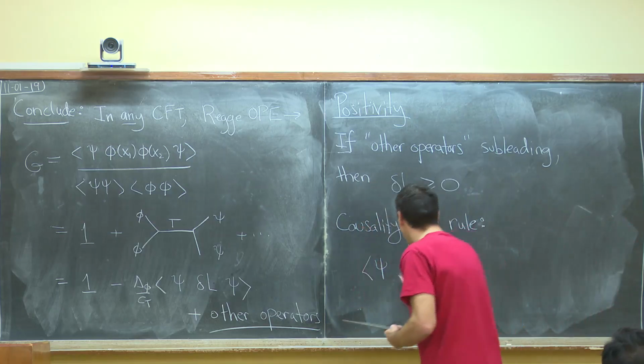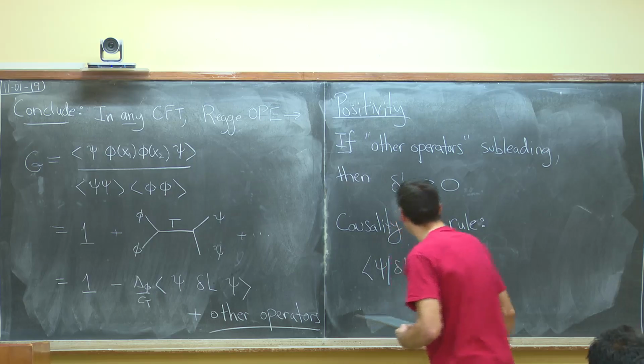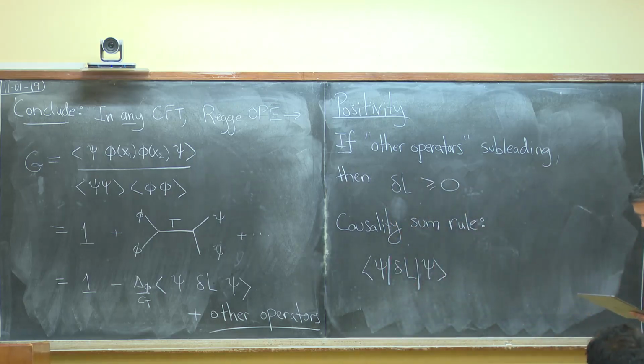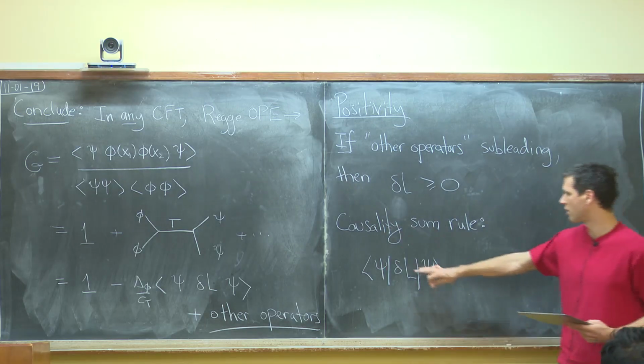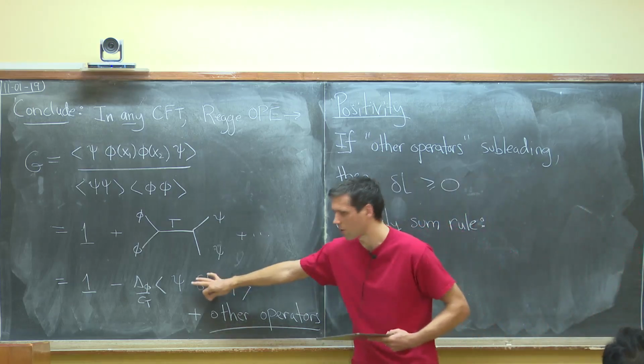The way it works is, I'm not really going to give enough details to make sense of this, but I'll just lay out the ingredients. We've calculated this term, the 4-point function.